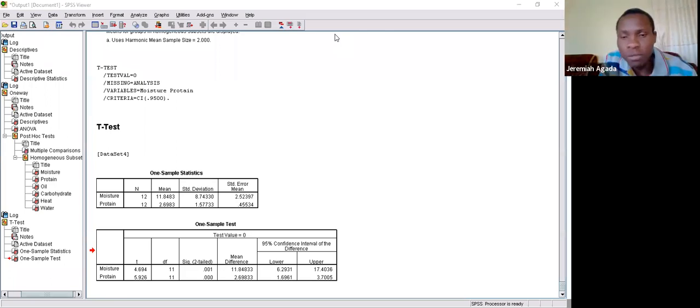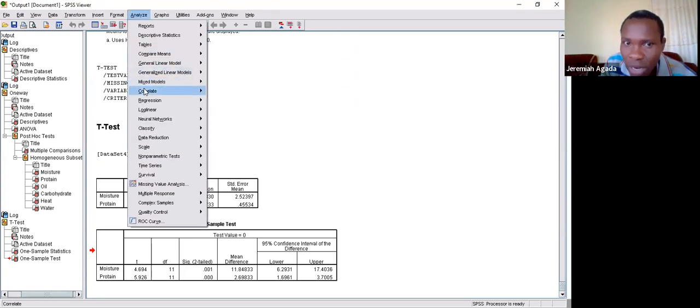At the end of the day, the aim is that you are analyzing several variables at the same time. That's why it is multivariate. Is that okay? You cannot see that distinction on SPSS.